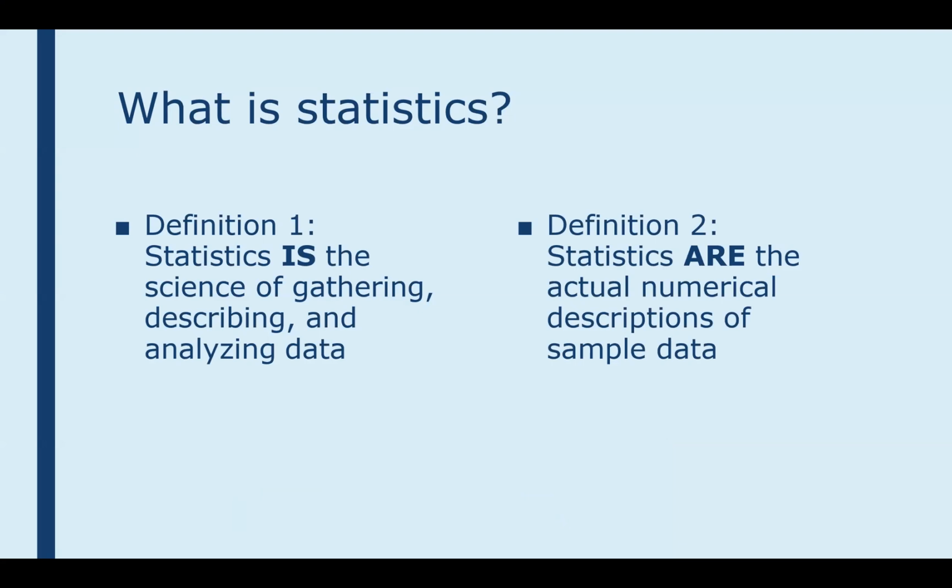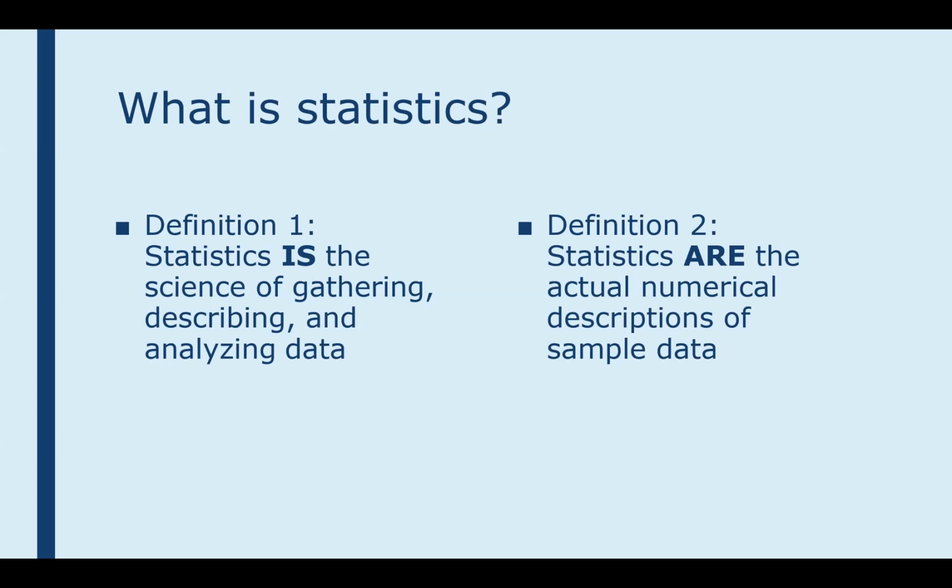So there's two definitions, and you have to pay attention to the context within which the word is used. Statistics is, looking at it as a collective unit, is the whole process. But statistics are individual values, the actual numerical descriptions of sample data.